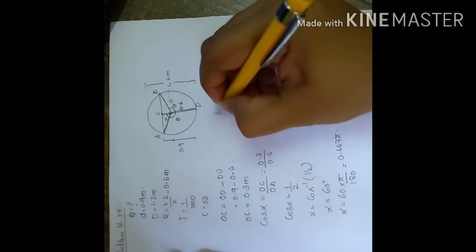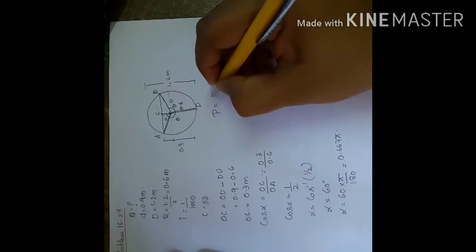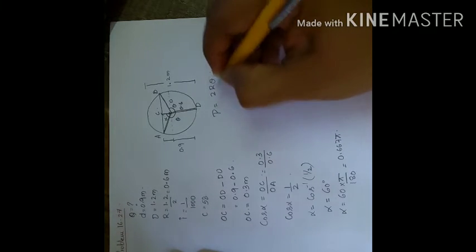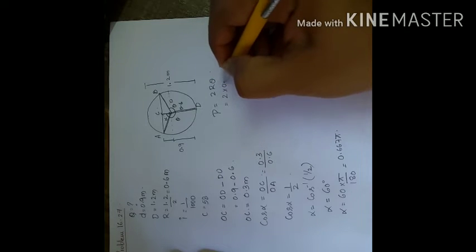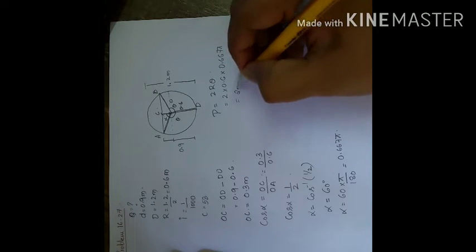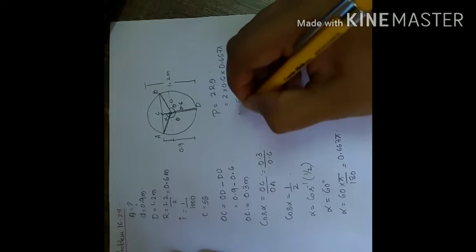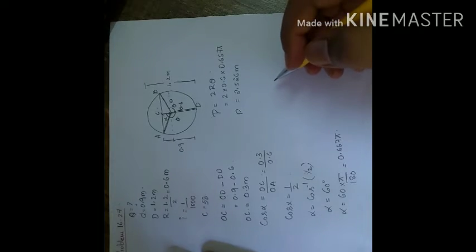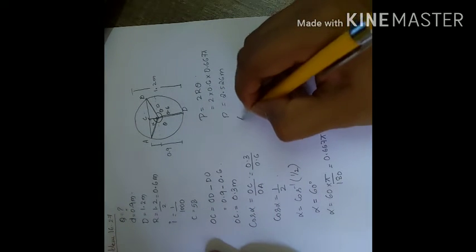Next, calculating the perimeter. P is equal to 2r into theta. 2r is 0.6 into theta is 0.667 into pi. The perimeter will become 2.526 meters. That is P. Now calculating the area.